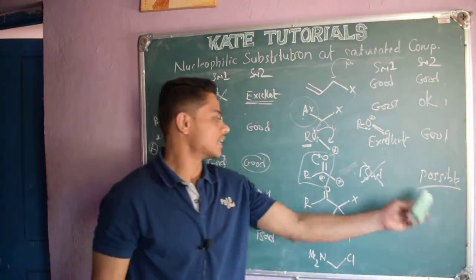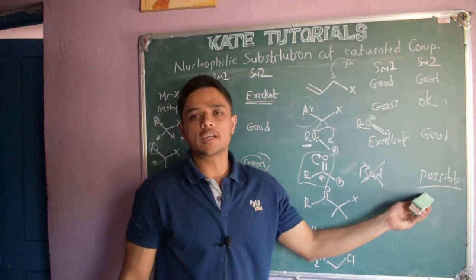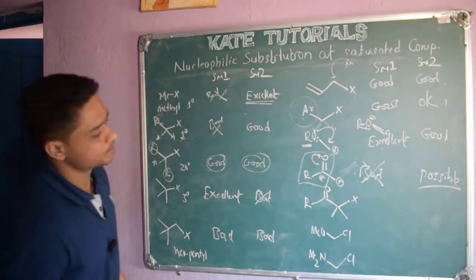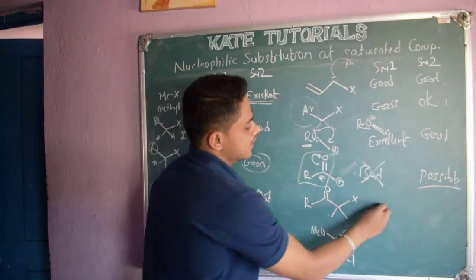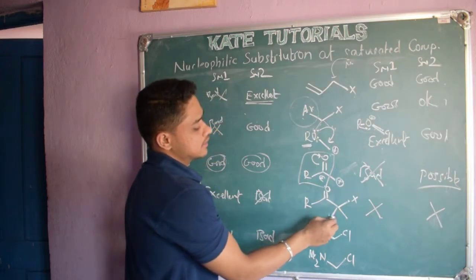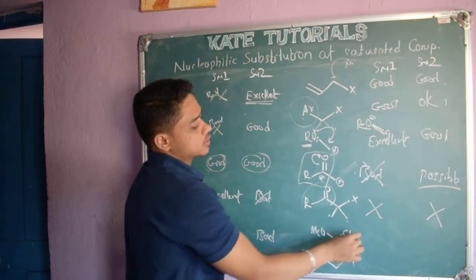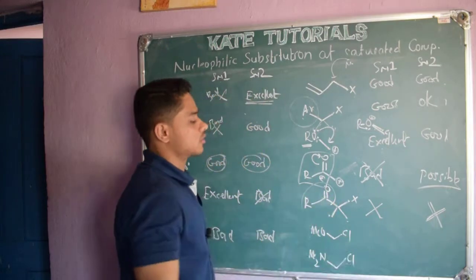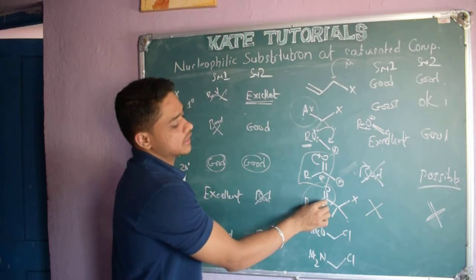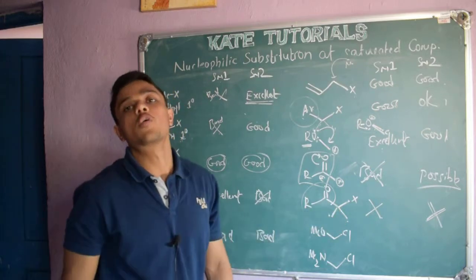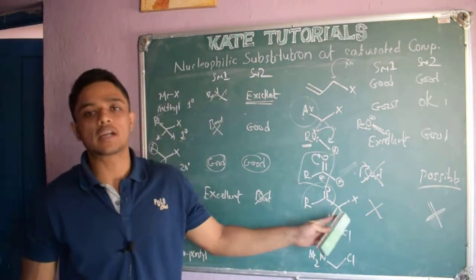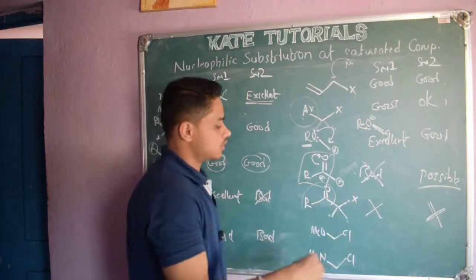With bulkier groups, steric hindrance will be more, so we won't get SN2, though it is possible. Here also there is steric hindrance, 3 methyl groups and a bulkier group. So no SN2, and SN1 not at all, because it is an electron withdrawing group and already electron deficient. If this carbon also becomes electron deficient, how can it happen? It won't release the leaving group. So no SN1, no SN2.